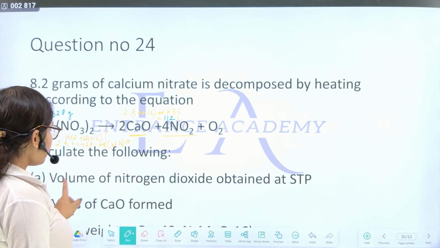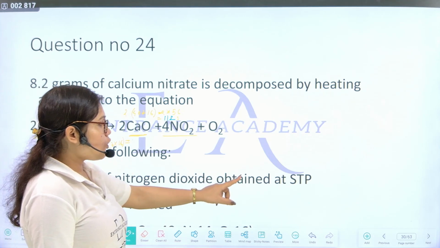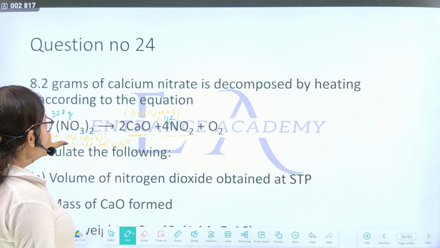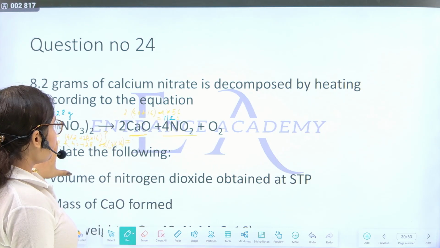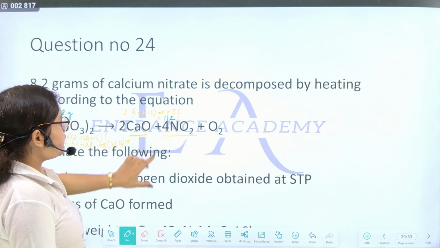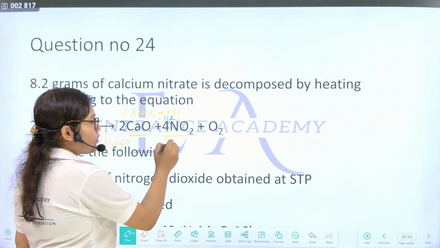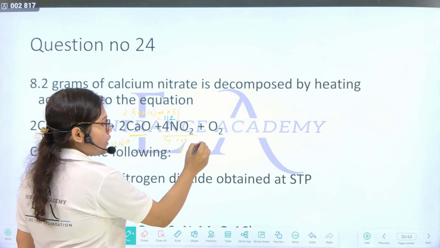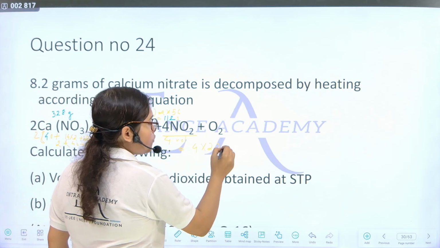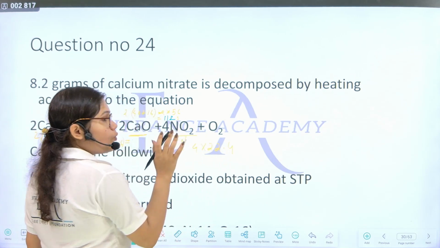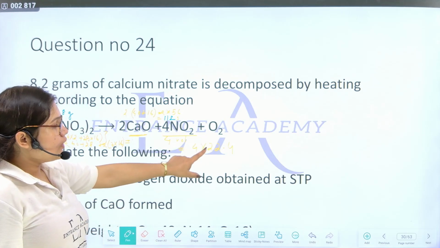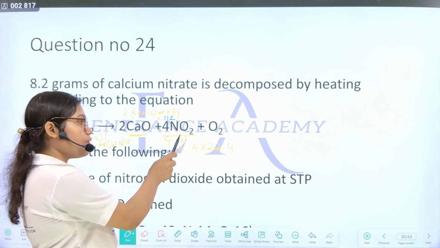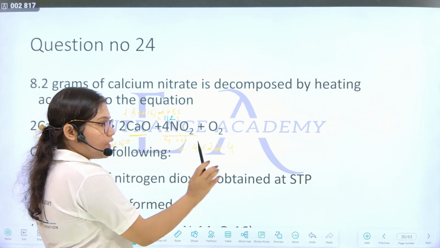So first question is volume of nitrogen dioxide obtained. So according to this equation, from 328 grams of calcium nitrate, we have this volume. This is 4 volume. So 4 volume is 4 into 22.4 liters. 1 mole of nitrogen dioxide, that is 22.4 liters, the volume of 1 mole of nitrogen dioxide. If it is 4 mole of nitrogen dioxide, 4 into 22.4.